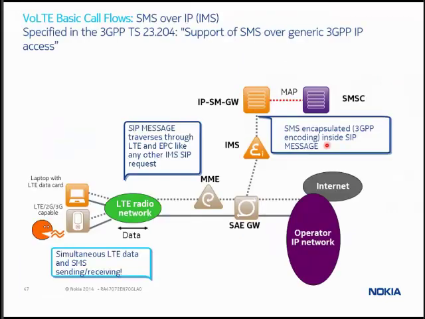All right, so looking at it quickly, our voice call for SMS works a little bit differently. So you asked about texting earlier. Well, guess what? It is one of the possible options. So in texting, we encapsulate.